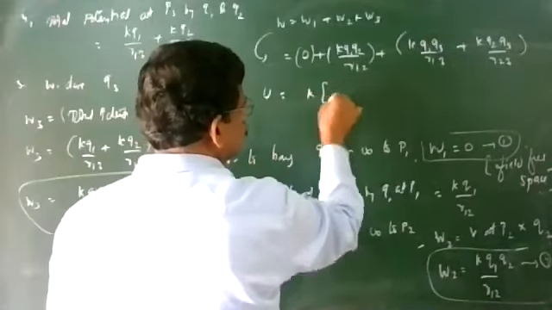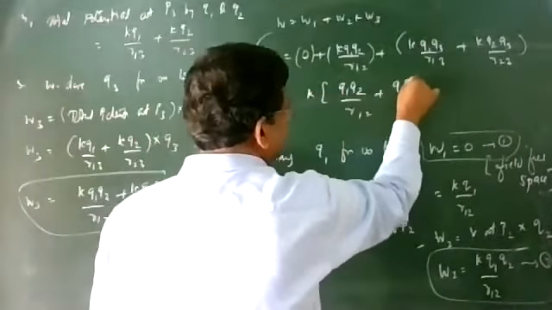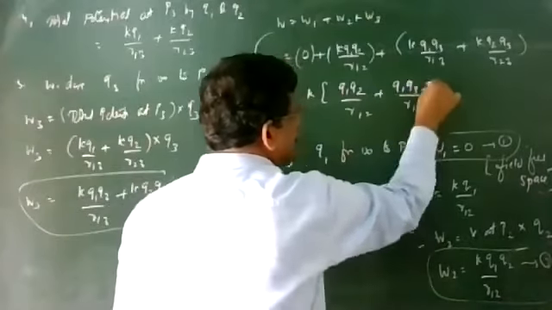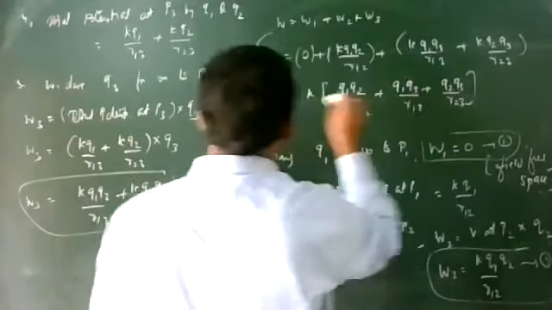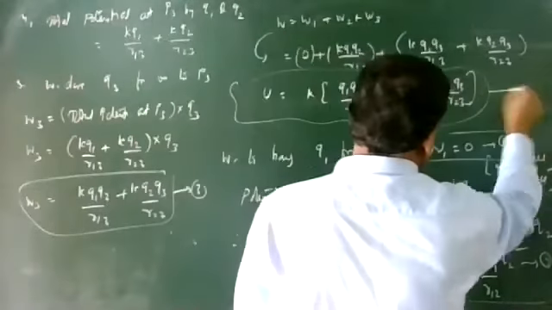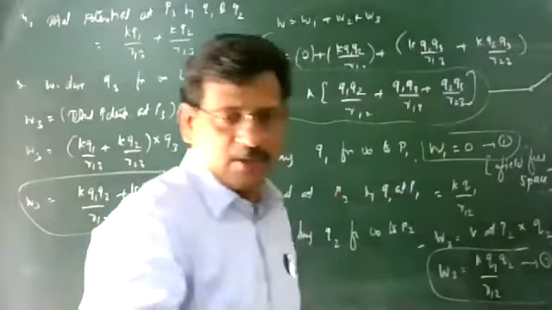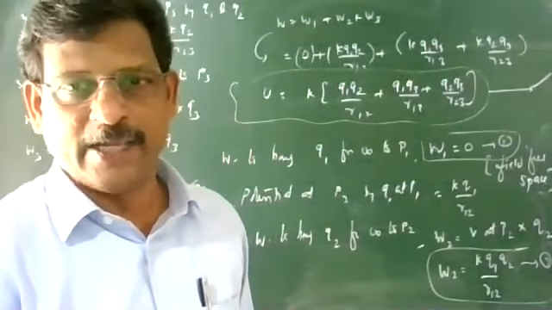K will be common, so 1 and 2 will have R1, 1 and 3 will have R13, and 2 and 3 R23. This is the potential energy of the system. This much work is to be done to arrange them.